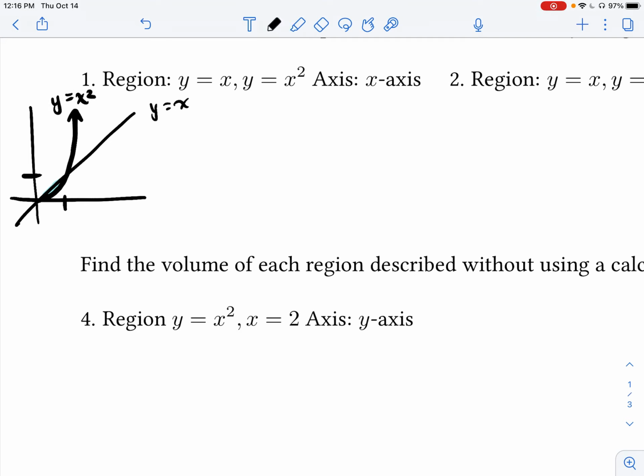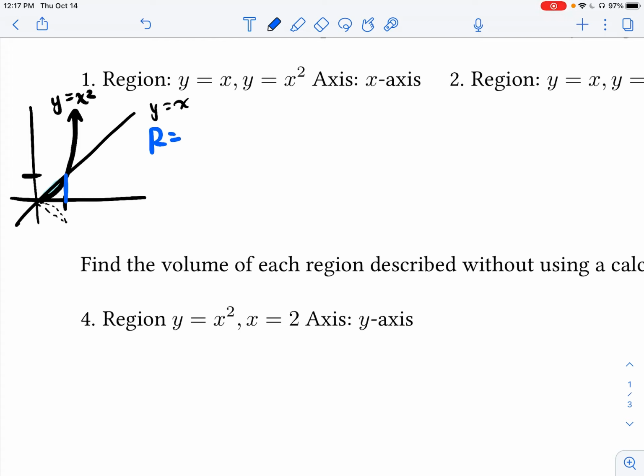So ask yourself here, what is the larger r and what is the smaller r? Well, if we rotate this about these axes, we can say that my larger r is the distance up until my upper axis. So larger r is going to be, in this case, the height given by y equals x.